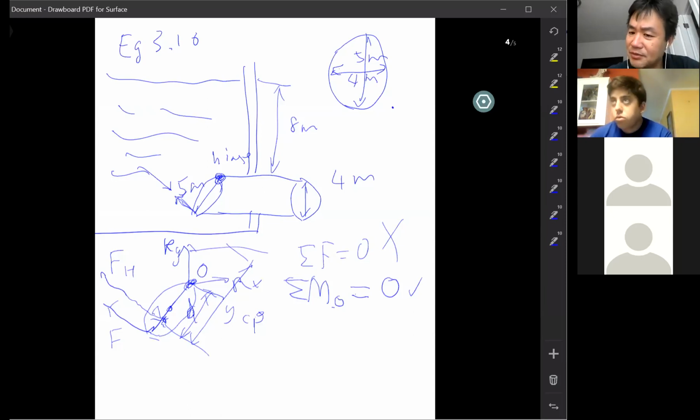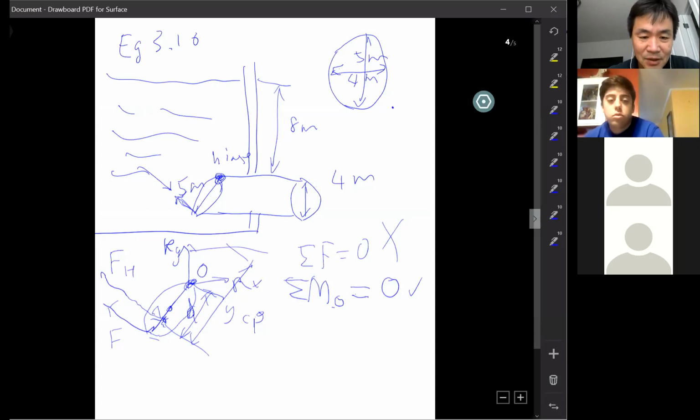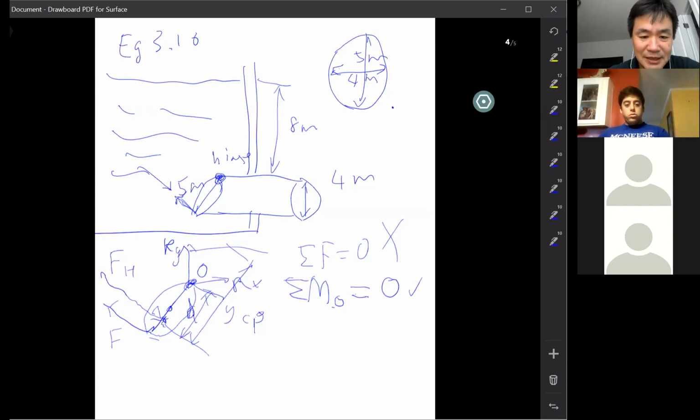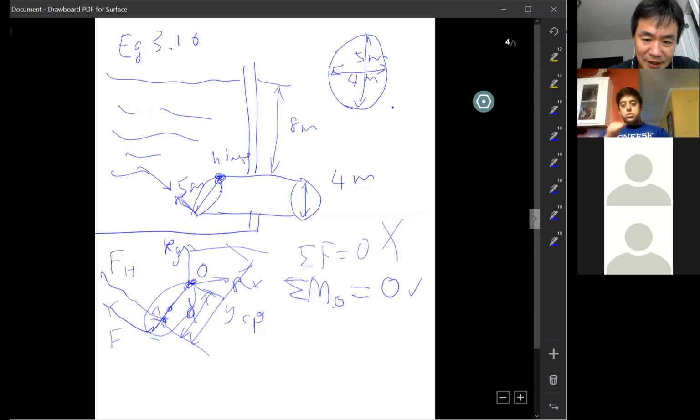In moment, we define counterclockwise as positive moment and clockwise as negative moment, so be careful with the sign. In this case, which force gives the counterclockwise moment? FH, that's right. FH is positive. What is its arm length?